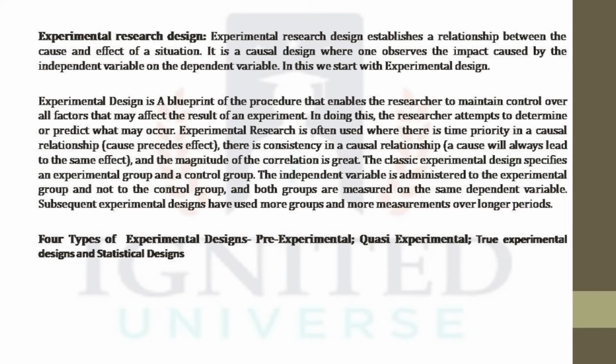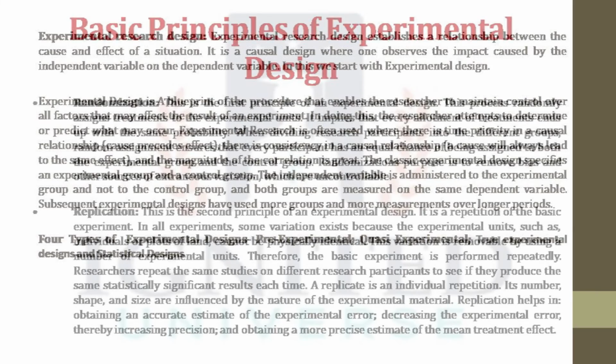Now, before taking into consideration what these three designs are, there are certain concepts related to design of experiments, and these concepts are utilized in taking up the research designs that are based on the experimental design structures. These are basically the three principles of design of experiments.